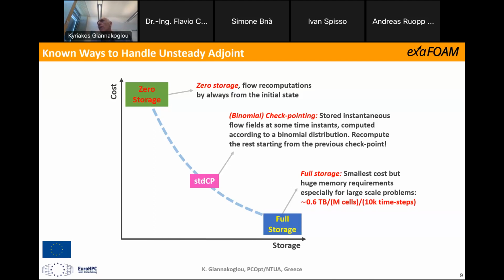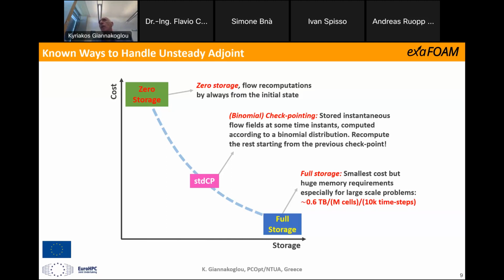Of course, this technique has the smallest possible cost, but at the same time, unfortunately, huge memory requirements, especially in large-scale problems. To give you an indication, to quantify what I'm saying, we need about 0.6 terabyte per million cells per 10,000 time steps. This is the blue box you see here.